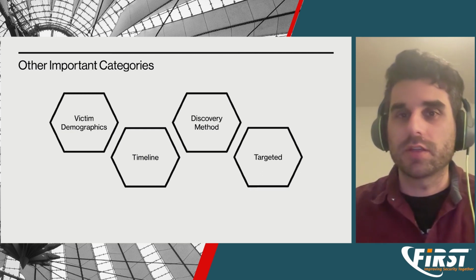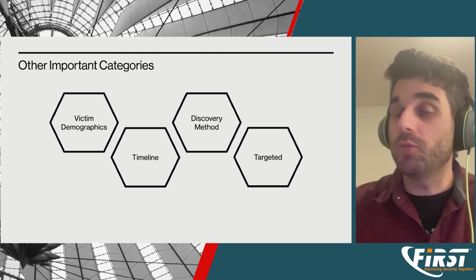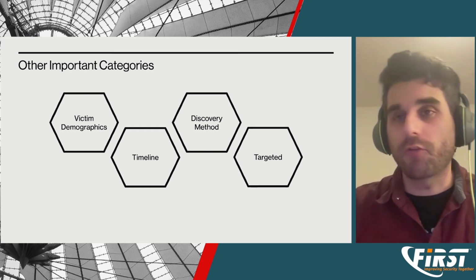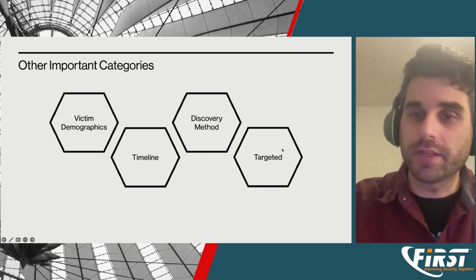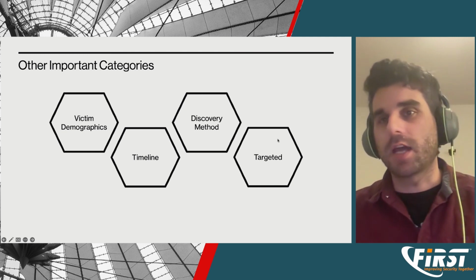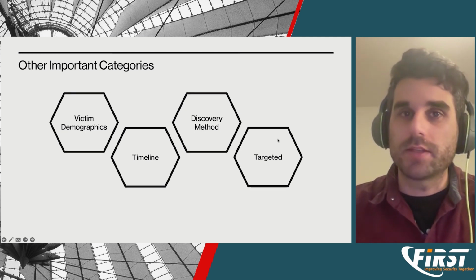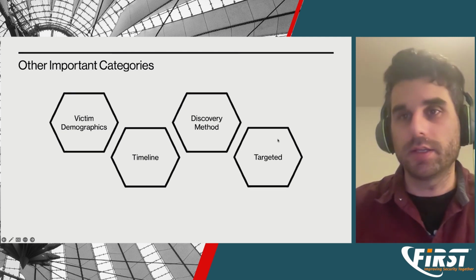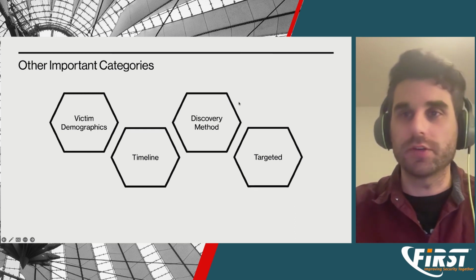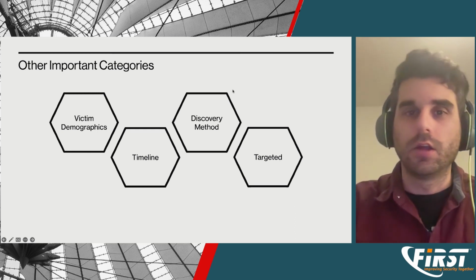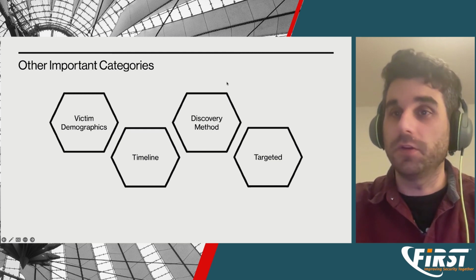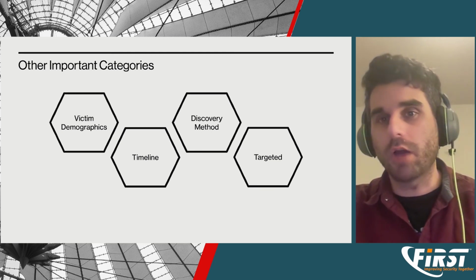That type of information, I think, is important for us to understand and communicate clearly. Discovery method, how was the breach identified? And then was this kind of an opportunistic attack, or is this an actually targeted attack where they went towards a very specific entity? And of course, there's even additional fields beyond this that we do cover.